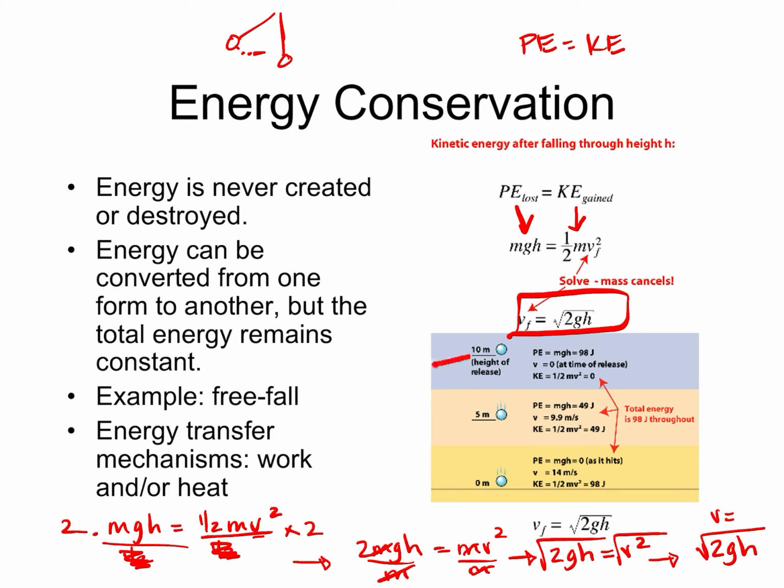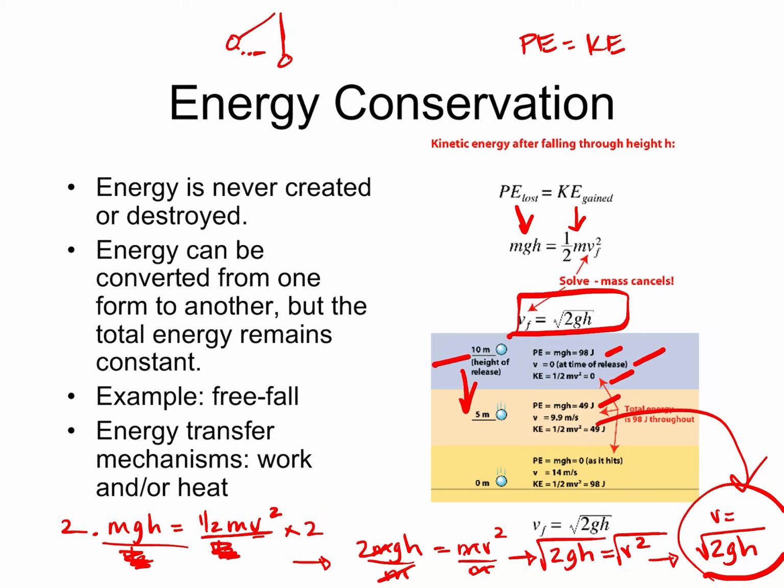Like it's giving you this example at 10 meters, the potential energy was 98 joules, and it hadn't been released yet, so it wasn't moving, so it had 0 kinetic energy, and the velocity at the time was 0. But if you release it, then it's moving, and it's at a height now of 5, so that changed the potential energy by half, and then you could use this equation right here to find the velocity.